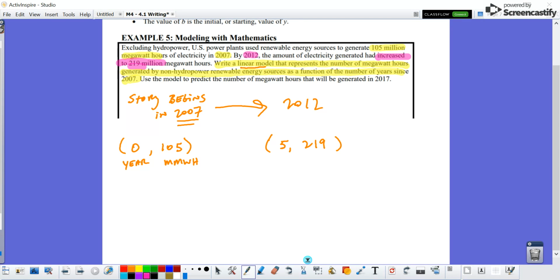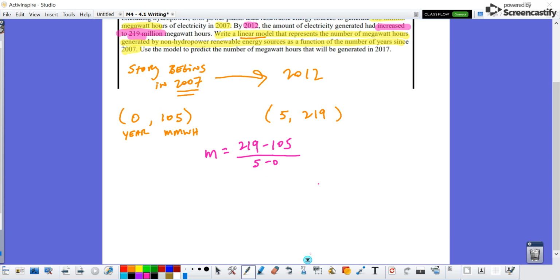So let's calculate slope. We're looking at slope being 219 minus 105 over 5 minus 0. So that would be a slope of 114 fifths. That's non-reducible. And there's my slope.